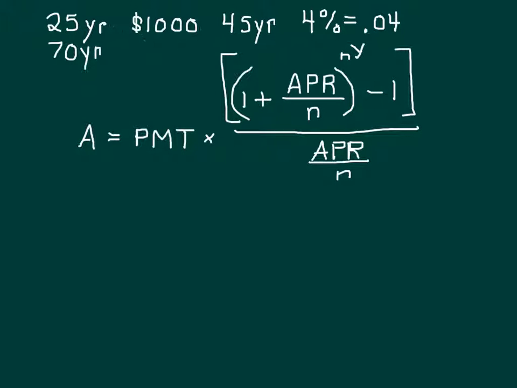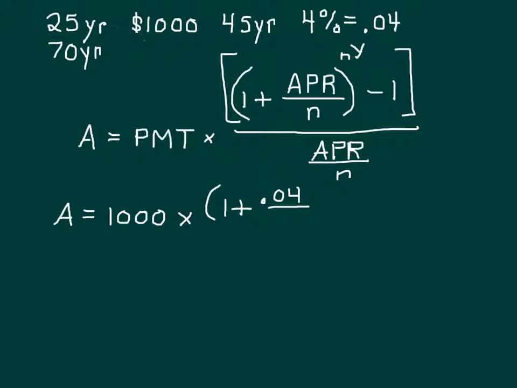Okay, so to do our calculation, the amount of money that we will have is equal to our payments that this person makes each year, and that's $1,000, times, in the numerator, 1 plus our APR, our interest rate, which is 0.04, and in the denominator we have N. Here's our N, and N is the number of deposits per year.